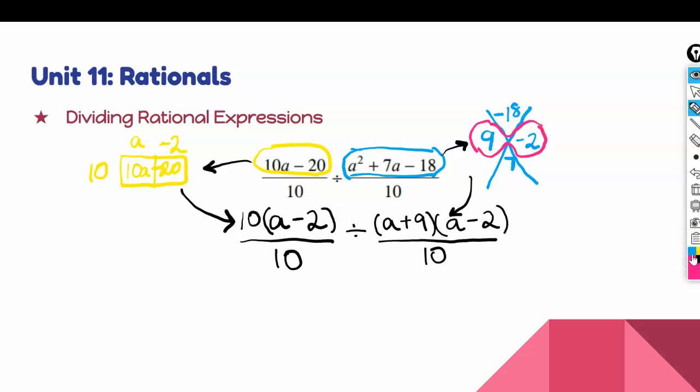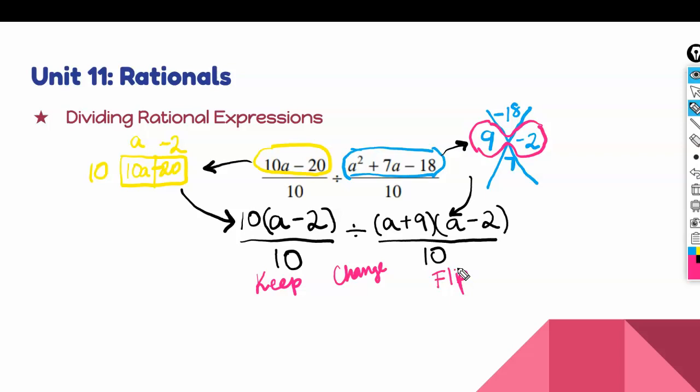So what am I going to do now to divide? I am going to keep my first fraction the same, not doing anything to it. I'm going to change this division to multiplication, and then I am going to flip this second fraction.